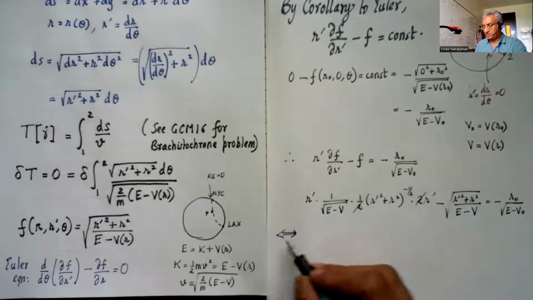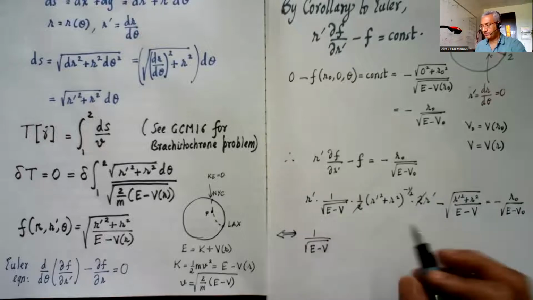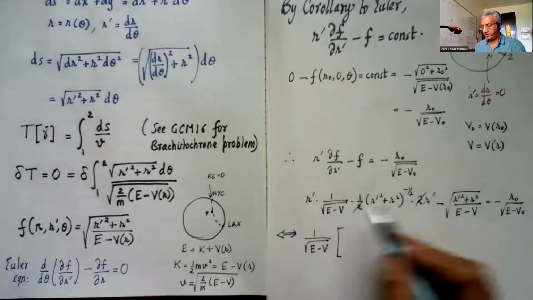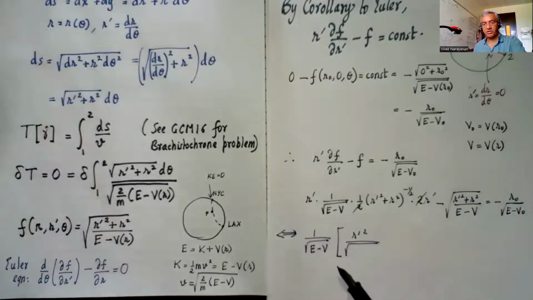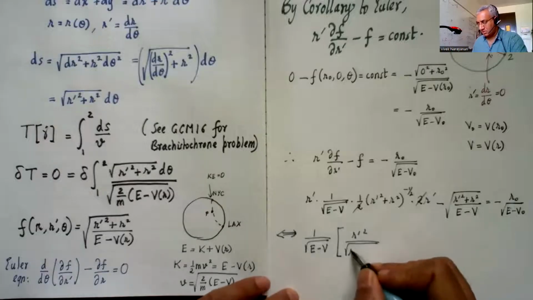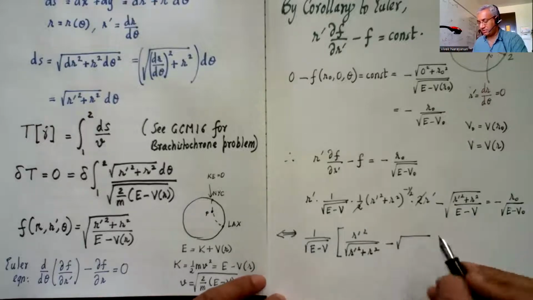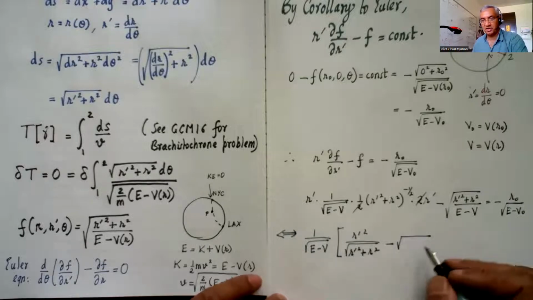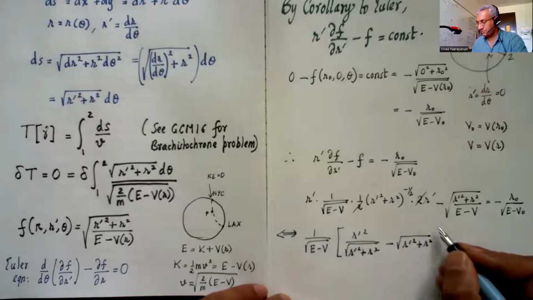So here I'll take the 1 over root e minus v outside, since it's common to both terms. And then I have r prime squared divided by the square root of, and then here, because I've taken the 1 over e minus v outside, I just get r prime squared plus r squared.